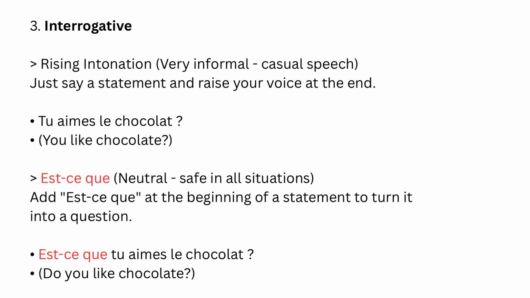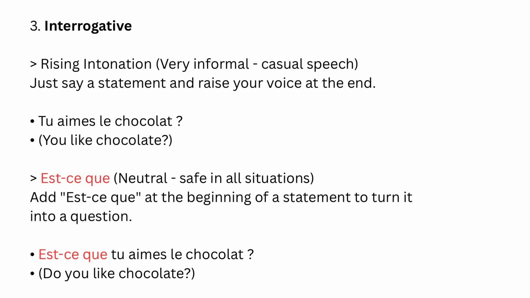The first method is quite informal and it is only used in casual speech. The second way is very neutral and it is safe in all situations. So I would suggest you to use this and remember this method. Also, it is very easy. First step is to write down your sentence as it is without changing it.